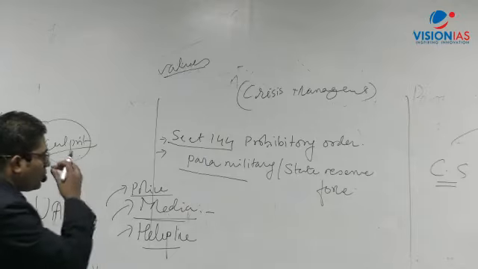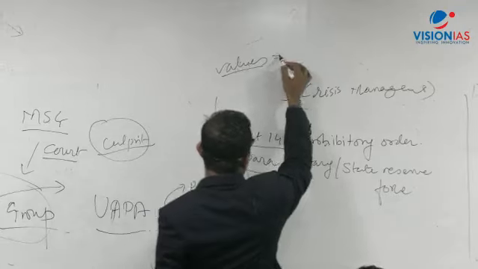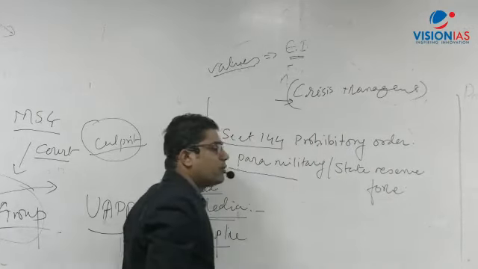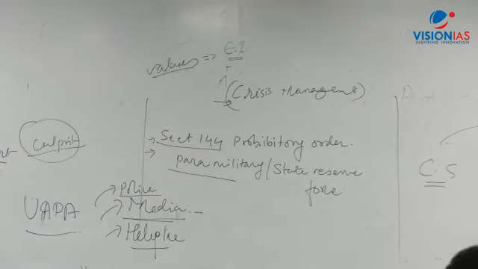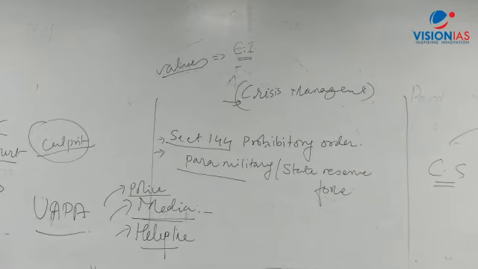So in such cases, what is required? There is a case of value crisis management. First and foremost thing that is required is emotional intelligence. That is, a person must display emotional intelligence so that there is no knee-jerk reaction. You understand knee-jerk reaction? There should be a well-thought response versus a knee-jerk reaction.